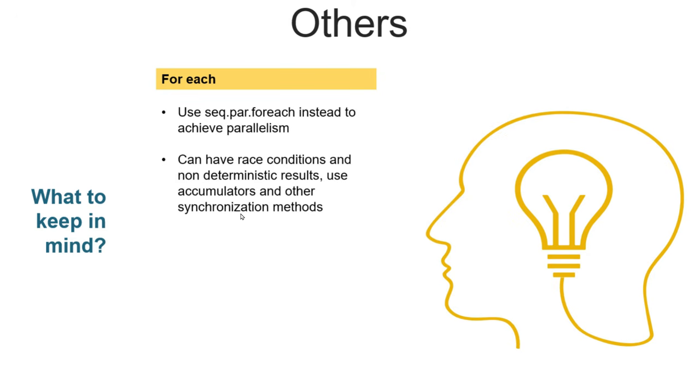Only thing to keep in mind here is, it gives us parallelism, but it can have race conditions or non-deterministic results. So we have to see how we can synchronize our methods, or how we can use accumulators and others to avoid this kind of condition. But definitely sequence.par.foreach is better than the foreach method.